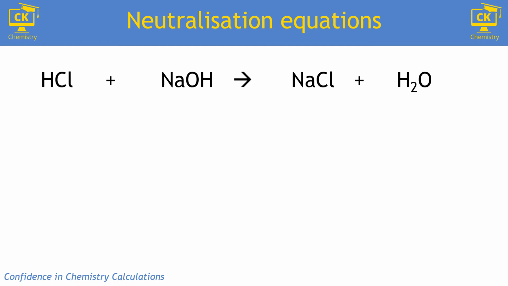So the main thing that is happening in any neutralization reaction is that the hydrogen from the acid is reacting with the oxygen in the base, or the anion in the base. And in this case, the negative ion or anion is OH minus. So it just so happens that when I put together H plus and OH minus, I make water.